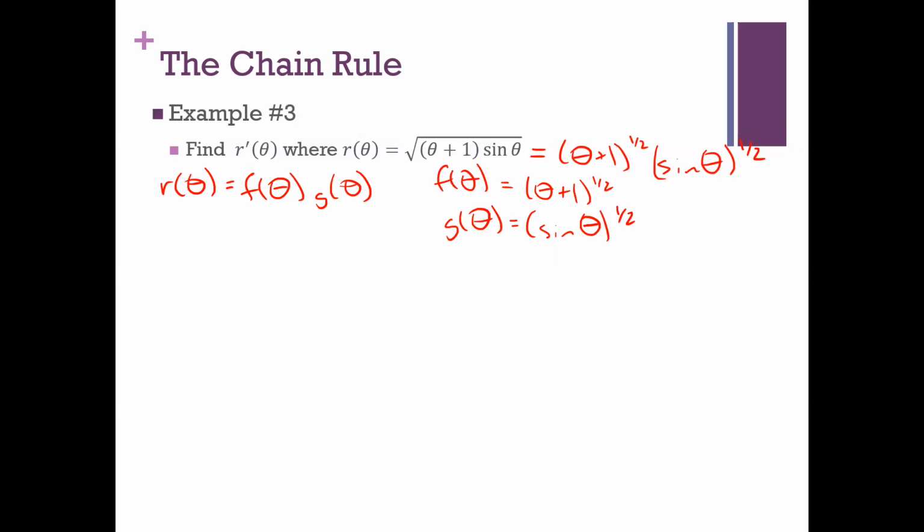But there is something I need that might not be obvious yet. In fact, it most definitely isn't. Let's just focus on f of theta. f of theta equals theta plus 1 to the 1/2. Can I set that up as a product or a quotient or a sum or difference or composite?